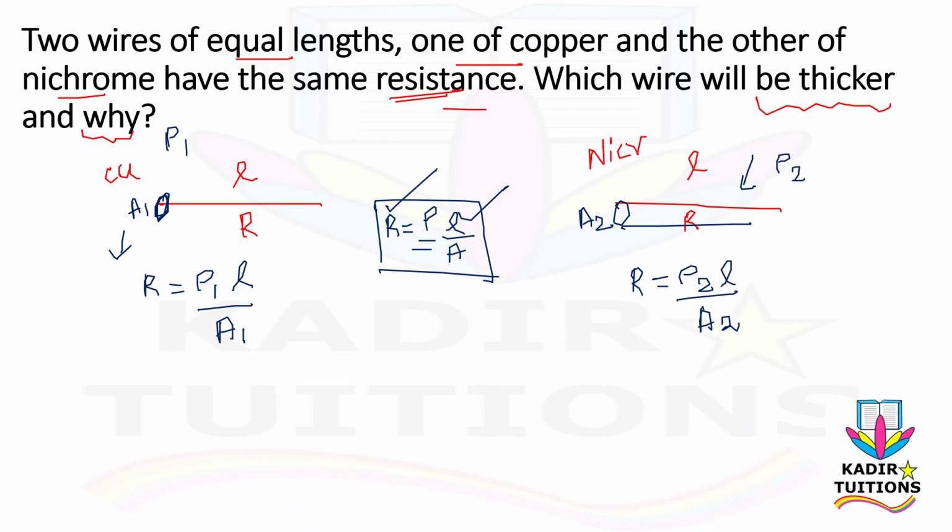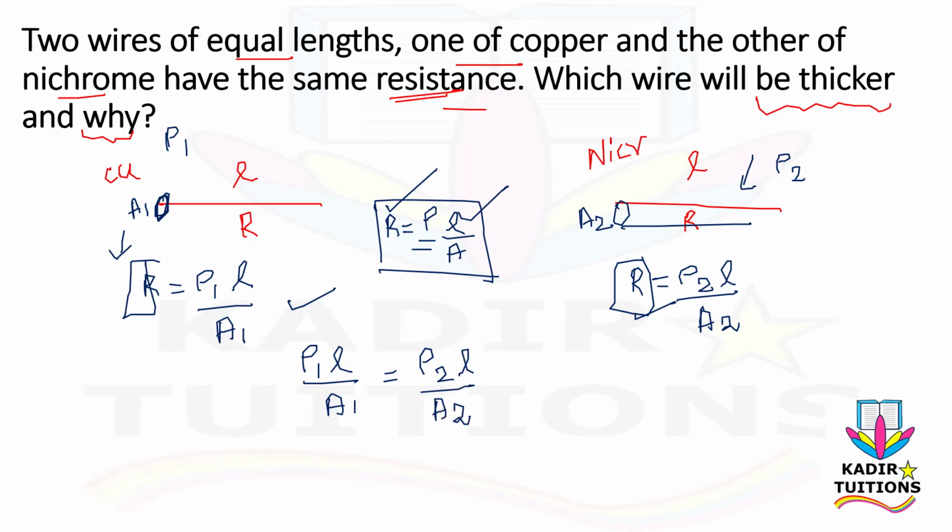Yes. So now can we compare both of these, because both are equal to R only. So I can equate both. Equating, rho 1 L by A1 equals rho 2 L by A2. On both sides we have L common, so we can cancel L and L. So what are we left with?